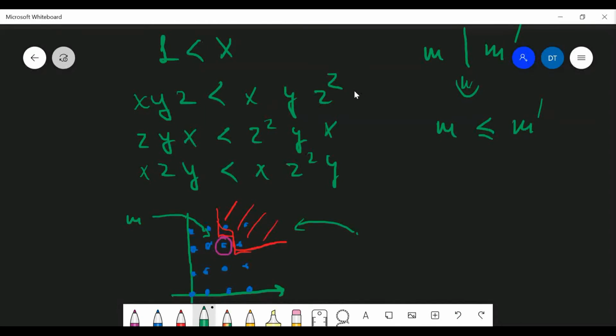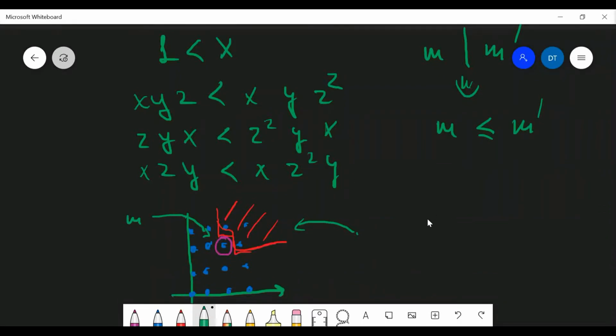So if you start comparing lexicographically these two monomials, if you meet x and y, you just pass to the next variable. And if you meet z, okay.